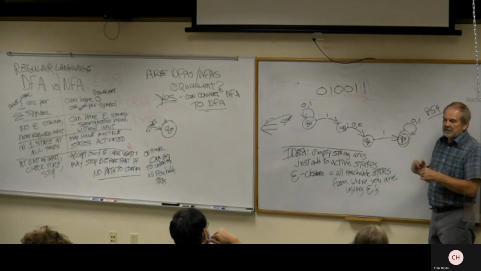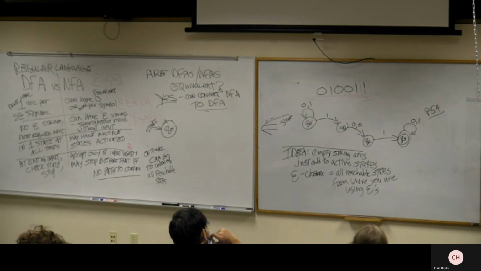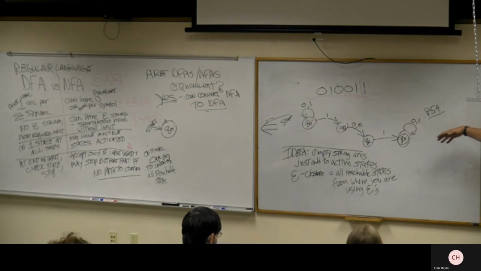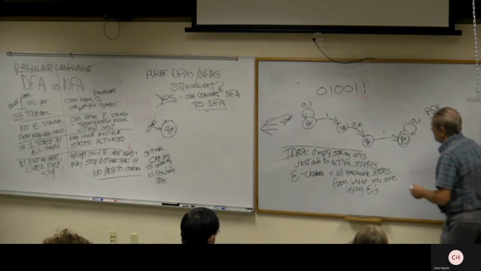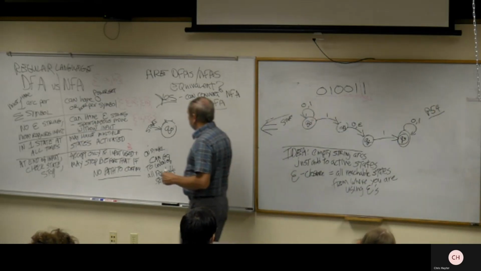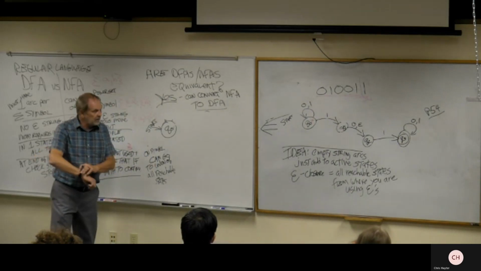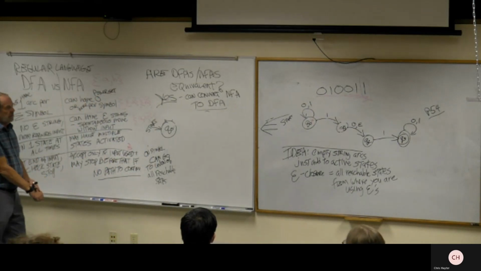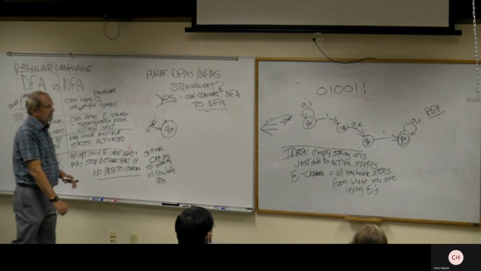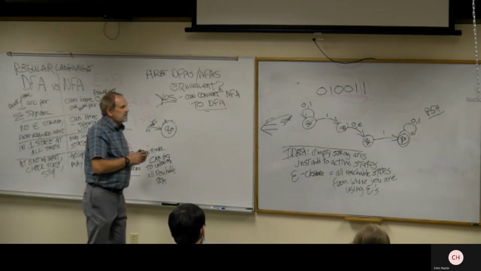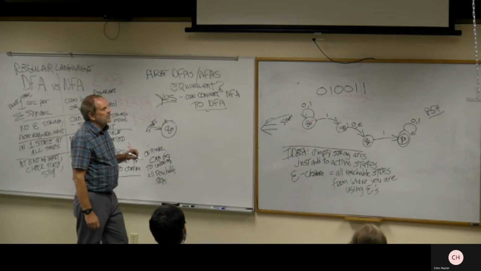All right, so let's see if we can do this one. Q0 on 0. Looks like one choice. Okay. Q0 on 1. Let's be careful. Let's list them out. Q0 on 1 goes back to Q0.